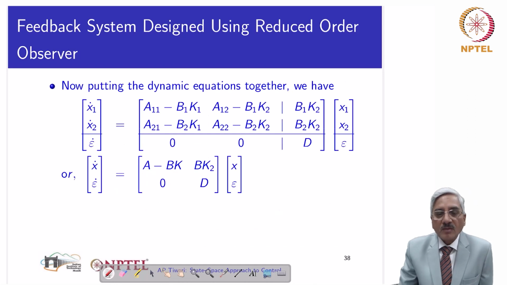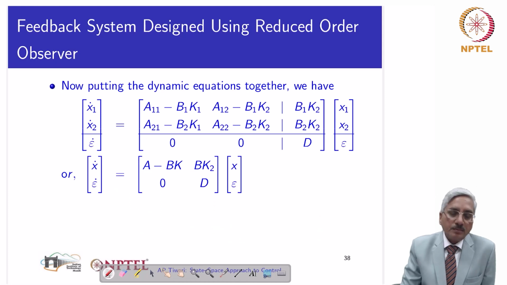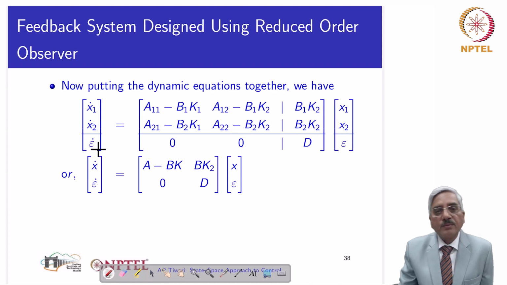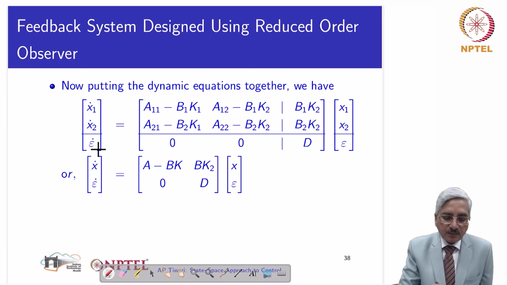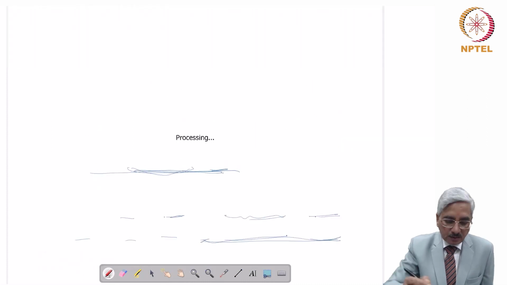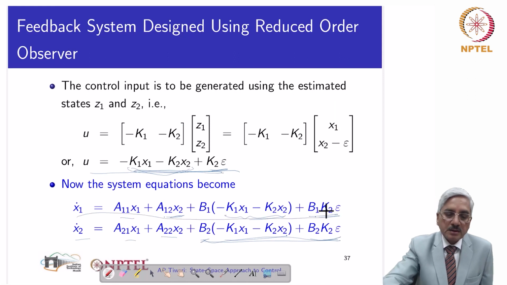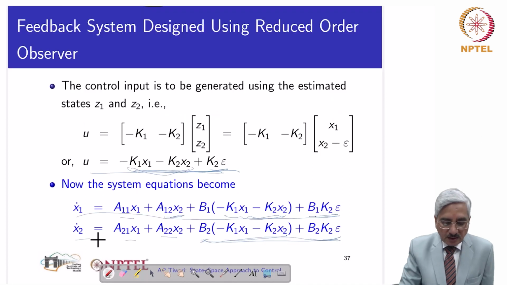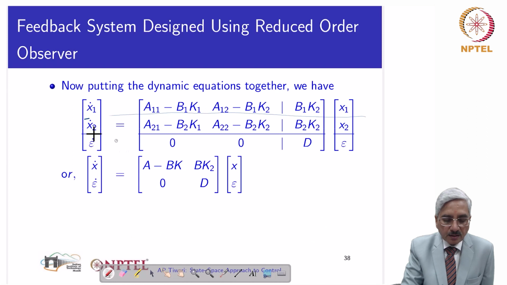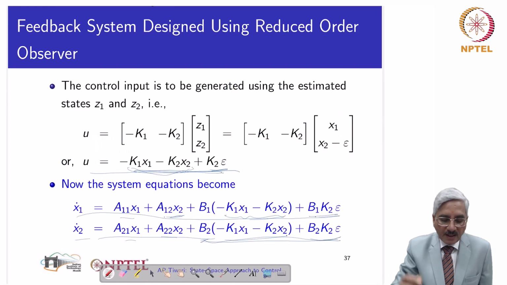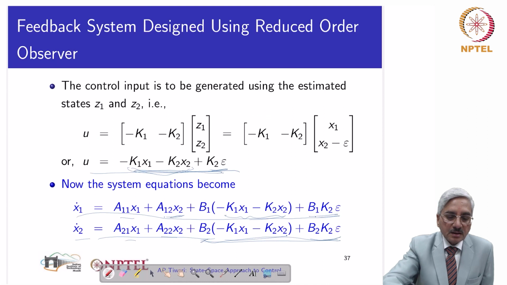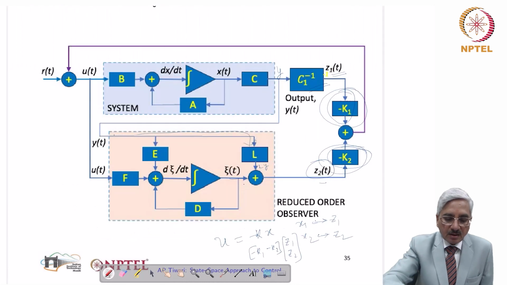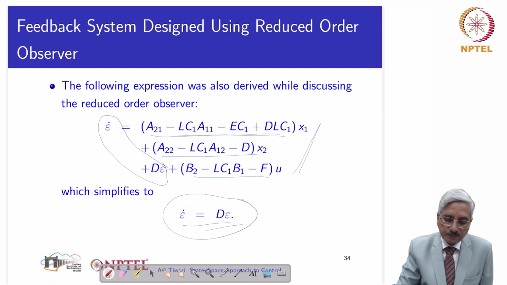And when we arrange them in the matrix form, X1, X2 together, and this epsilon, the error, separately, we see that the first equation gives the first row here, and the second one gives the second row here. And epsilon dot, we had seen on this side, is d epsilon.